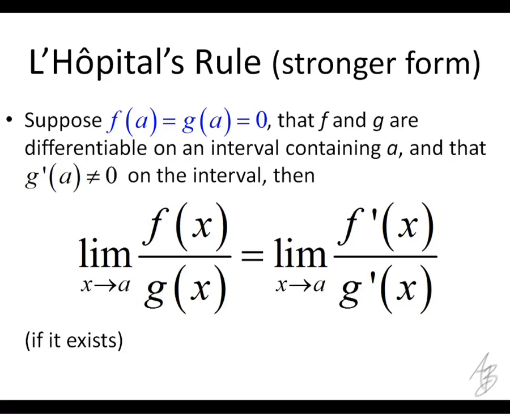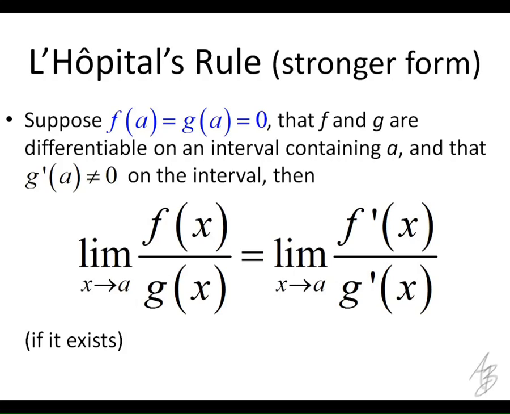But what this says, it's a slightly different format, but we can take the limit again. And essentially what this is saying is if we get another indeterminate form, if we get 0 over 0 again after we take the derivative, we can take the derivative again. And if we had to, we could take the derivative again.